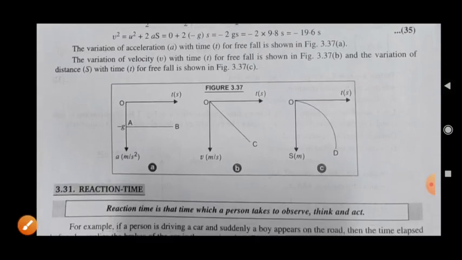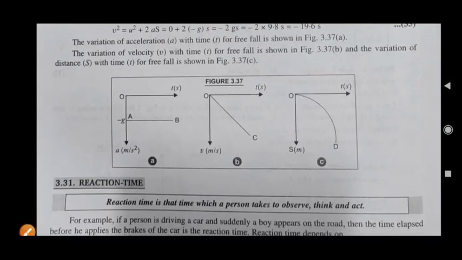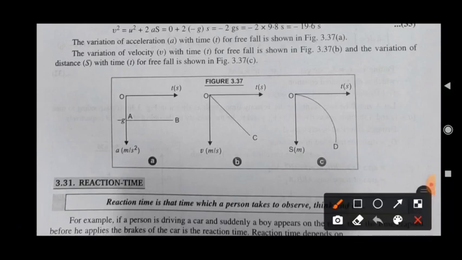So here, if you see now the variation of acceleration with time for free fall, the first graph is showing us the variation of acceleration with time for the free fall case. As here acceleration is taken as minus g, g is constant, and our body is free falling.